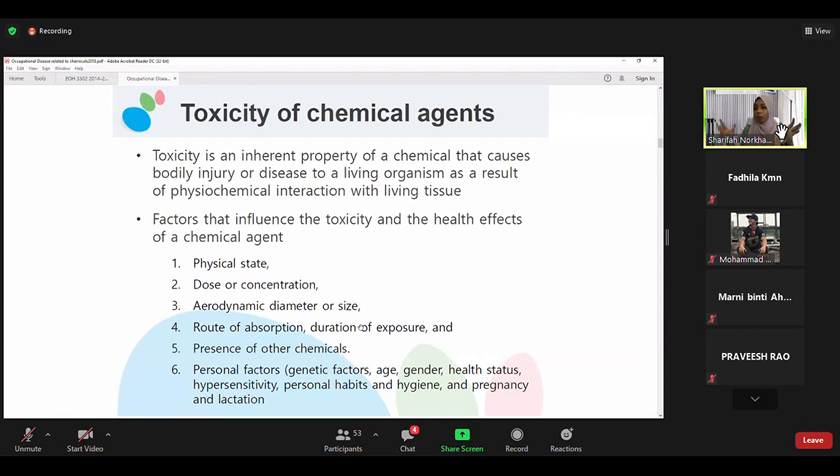For example, if you're working in a manufacturing process, the chemicals can come in a variety of forms. There is liquid, there is the form of pellets, there is dust or small particles, and there is gas.